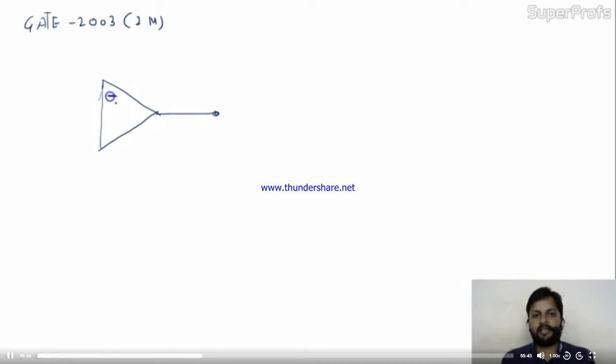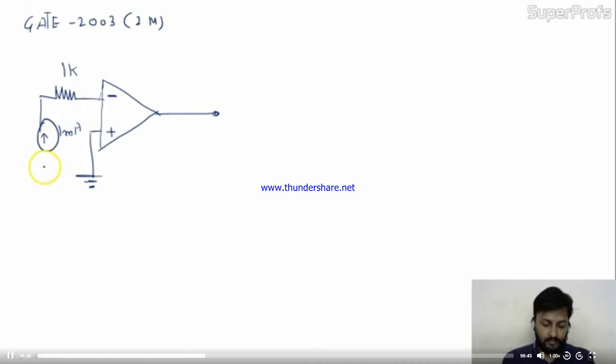Negative is the inverting terminal, positive is the non-inverting terminal, so whatever you apply at the positive terminal will not be inverted at the output stage. Here this is 1K, a 1 milliampere current source, connected with 5 volt, and a 1.5k ohm resistor connected over here.